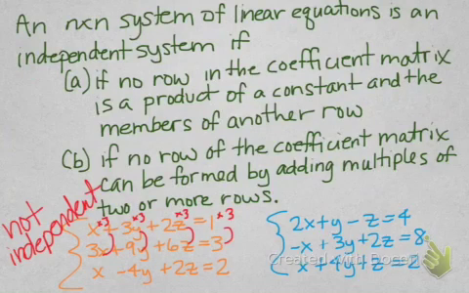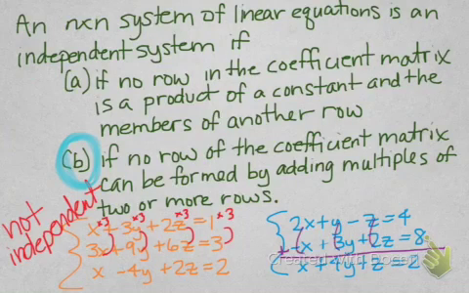So that looks good, but then we have to go to our second condition here. It says no row of the coefficient matrix can be formed by adding multiples of 2 or more rows. So if I add these two together, 2x minus x, I get x, y plus 3y equals 4y, negative z plus 2z equals z, and 4 plus 8, well, the constant doesn't matter.